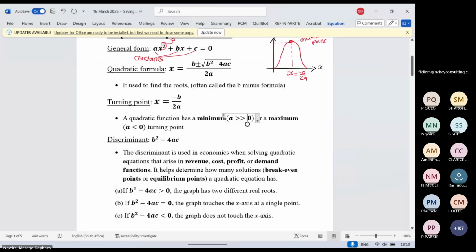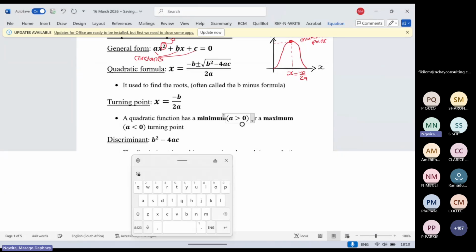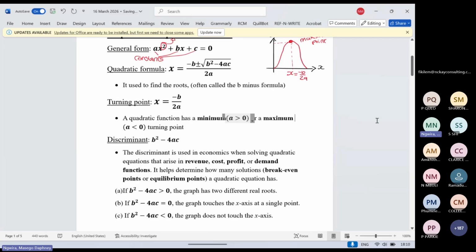So when your A is greater than 0, remember A is your constant. If A is negative, that's when I will have a minimum turning point.